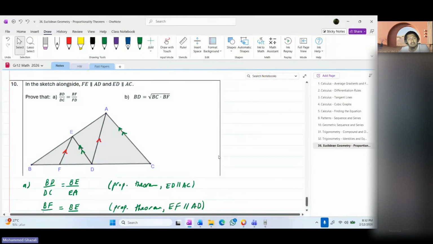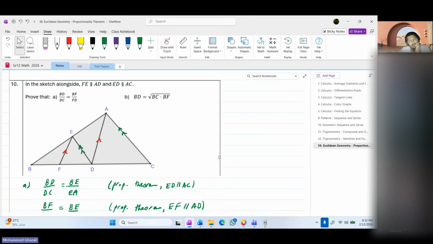What is BD? BD is equal to the square root of BC times BF. Where are BC and BF? BF is here, and BC is the entire big one. All right, let's try squaring both sides. This implies BD squared is equal to BC times BF.